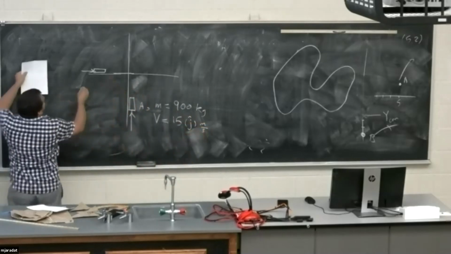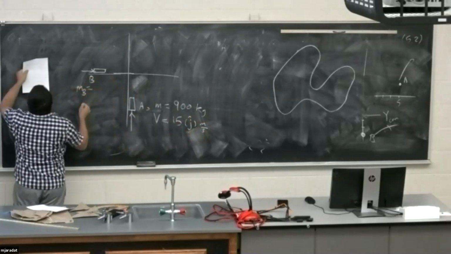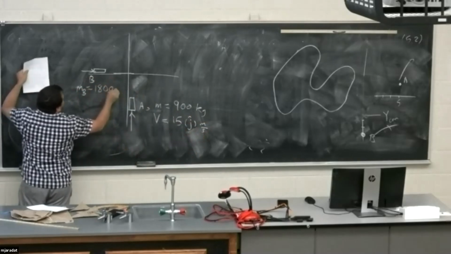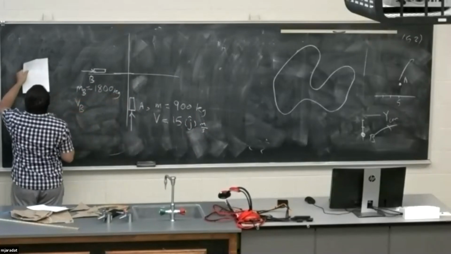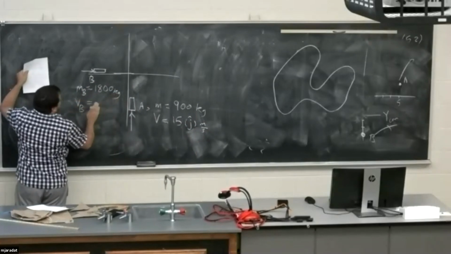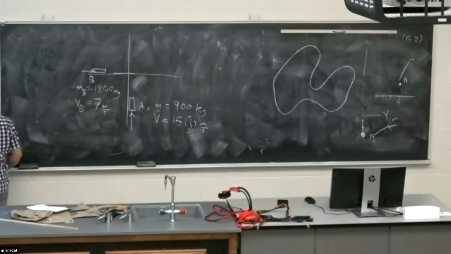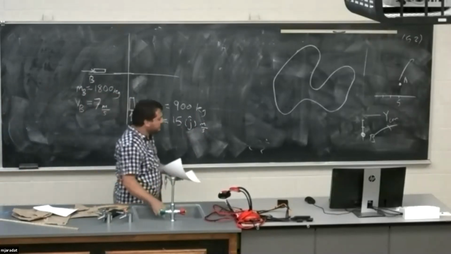This is B, which has a mass equal to 1800 kilograms and initial velocity equal to 7 meters per second. Do you understand the initial conditions?